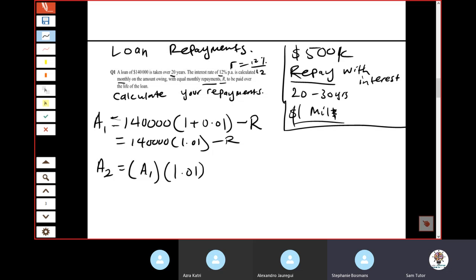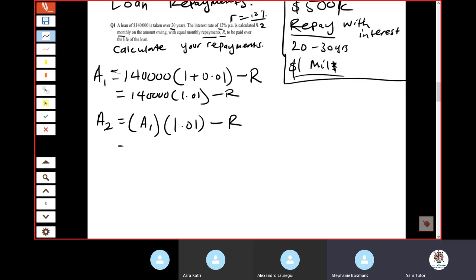Are you going to add money on top? It's not like superannuation where we're adding money. No. What's going to happen is the amount you had left in A1 grows, and then you subtract what at the end of it? Your repayment. And then A1 is all this, and then expand.